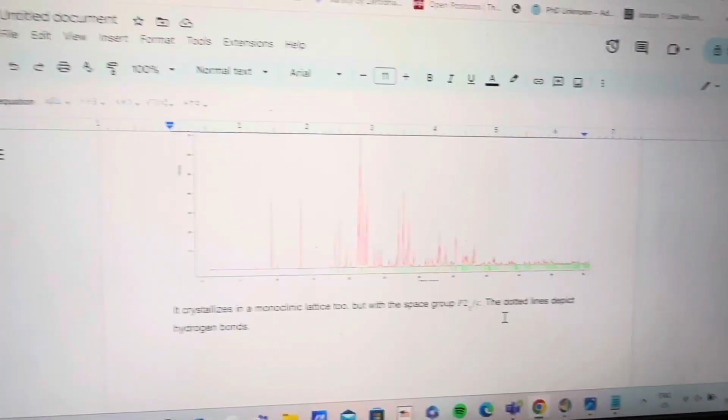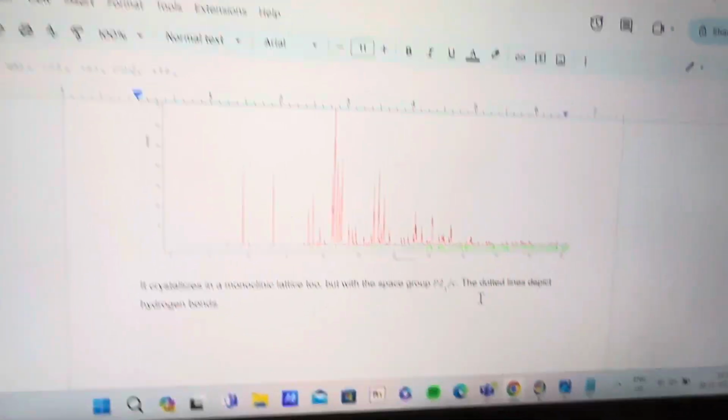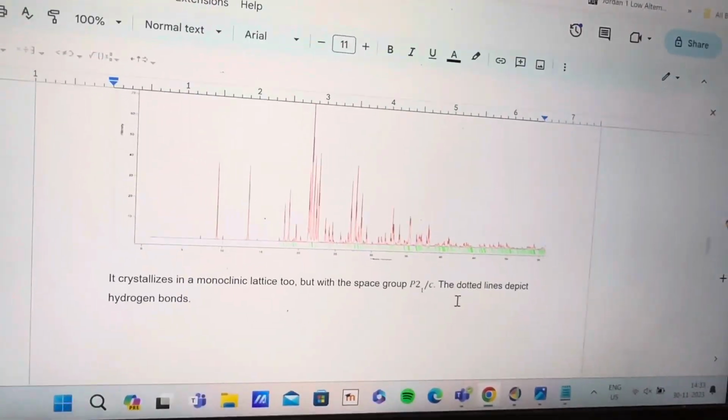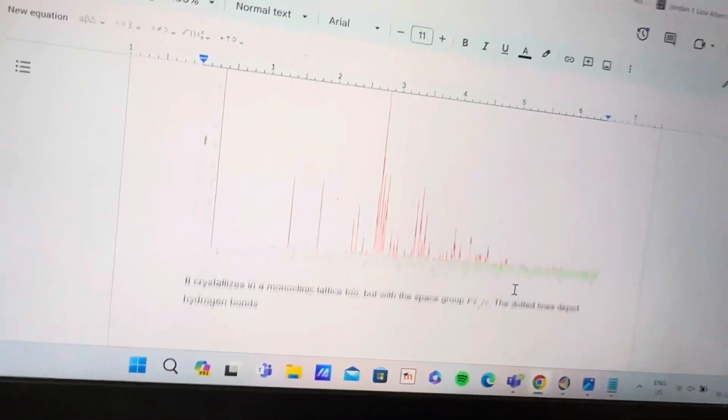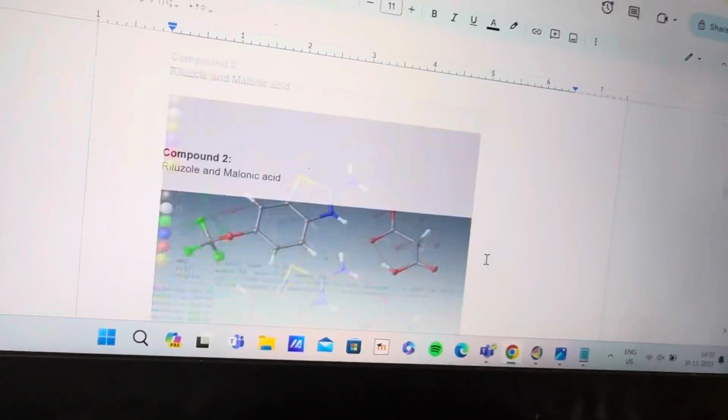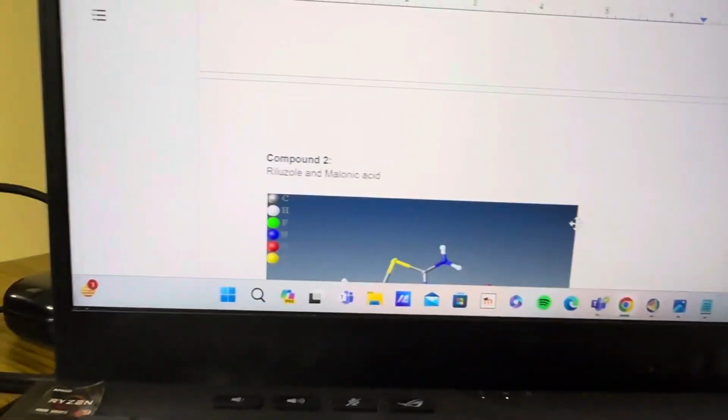According to the data provided, this co-crystal crystallizes in a monoclinic lattice as well. However, the space group is P21/c, unlike this one where the space group was just P21. We could see the space group as well in Vesta.